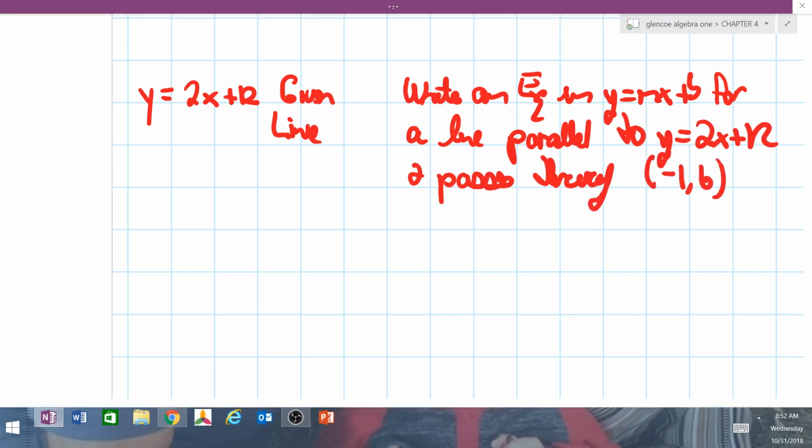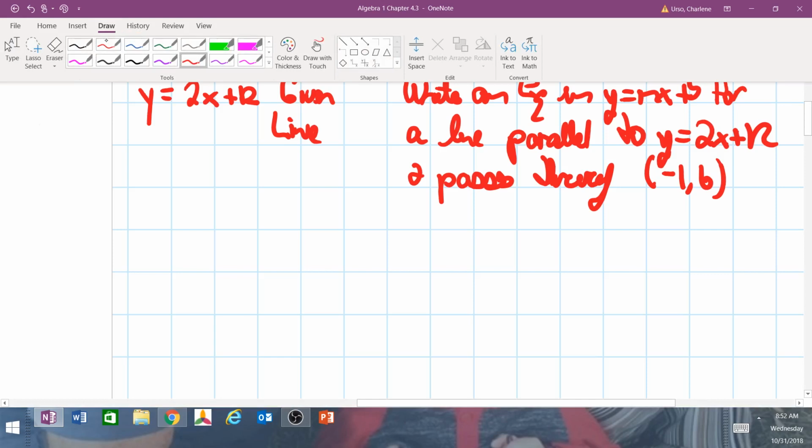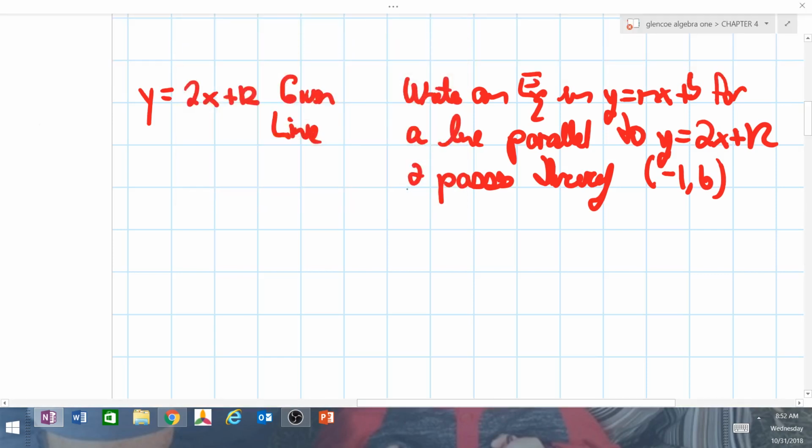So let's gather all of the information that we need. If you follow my directions, you will have great success every time. If you choose not to, you're probably going to have some difficulty with today's lesson. So the first thing I do is find the slope of the given line.